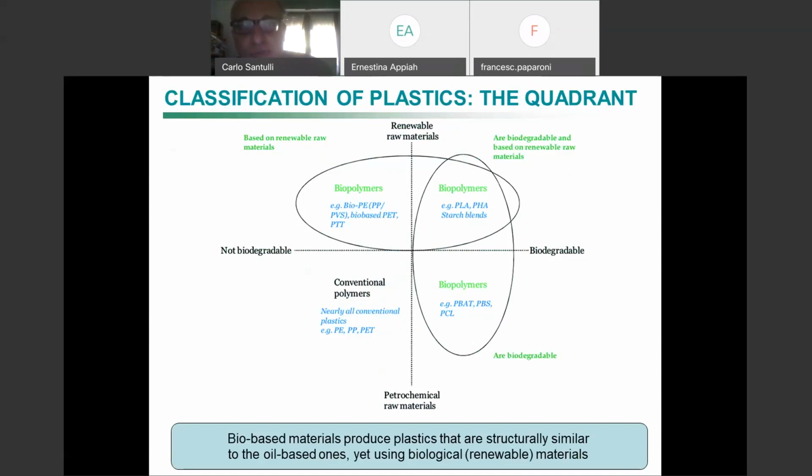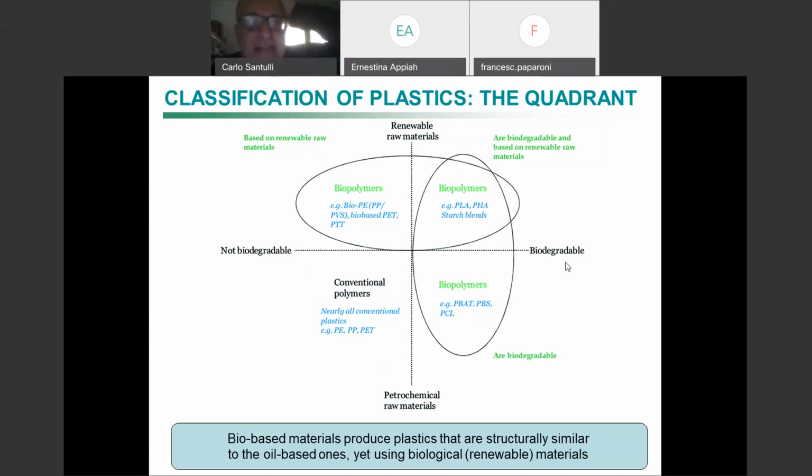Moving to the right, I can have some biodegradable plastics, which I am not able to recycle, but they will degrade in the environment. Once chopped, once ground to powders, they can degrade into the environment.